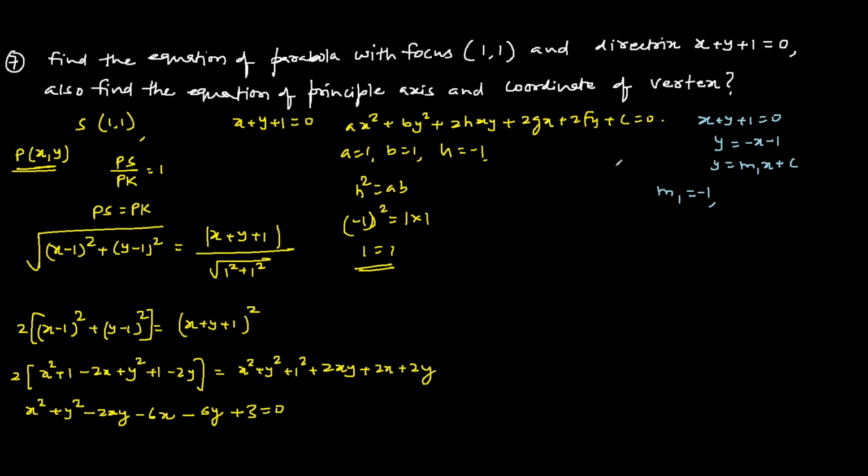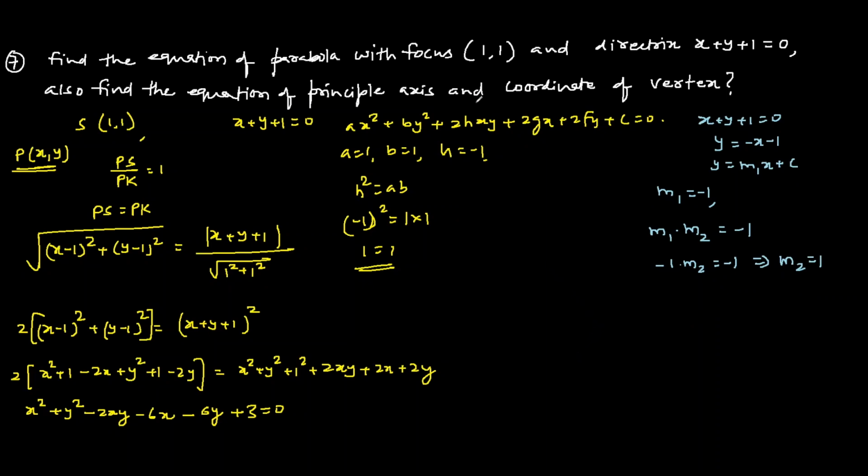And we know that the principal axis is always perpendicular to the directrix. So let the slope of the principal axis be m2. It means the product of the slopes of the directrix and the principal axis has to be -1. This gives the slope of the principal axis, which is equal to 1.